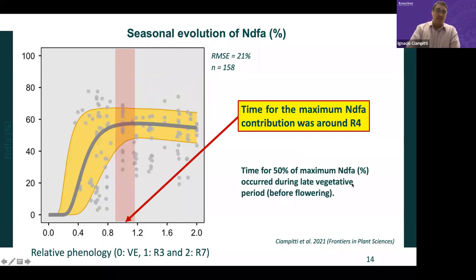And the time for 50% of the maximum was really getting into the late vegetative or early reproductive stage. So it's important to understand this because we are seeing that in many situations, once we reach the maximum, and depending on what that maximum is, that doesn't change. So we need to find ways of boosting that fixation and increasing the contribution of nitrogen coming from this process.